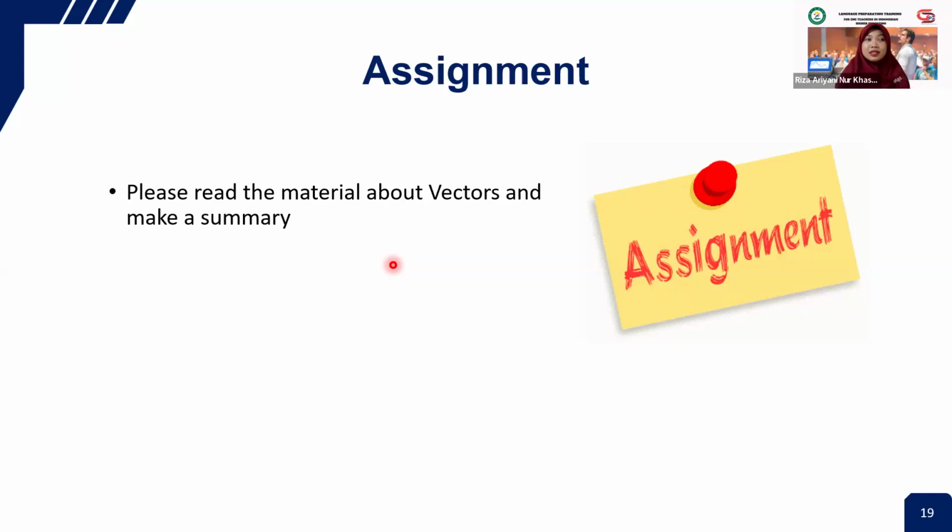And then we learned about standard and non-standard measurement, scalars and vectors, and dimensional analysis. And this is the assignment for next week. Please read the material about factors from any sources, make a summary and submit it next week.